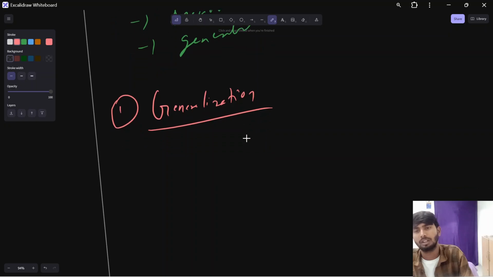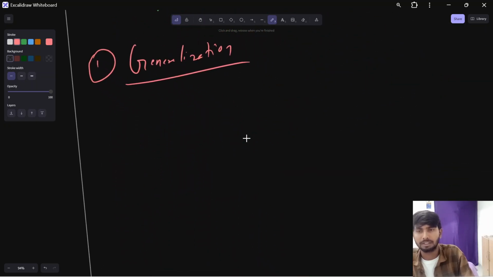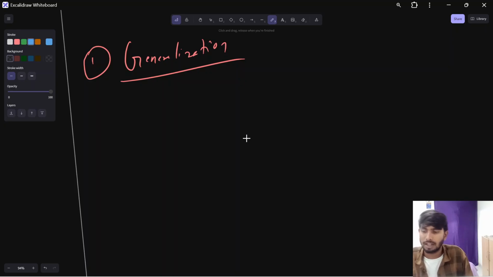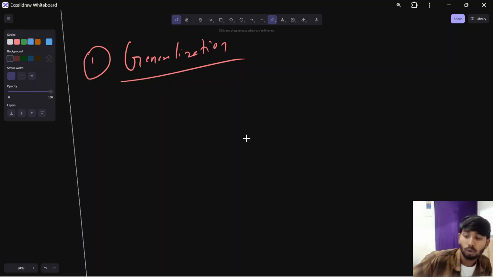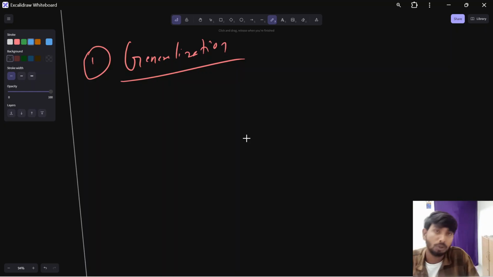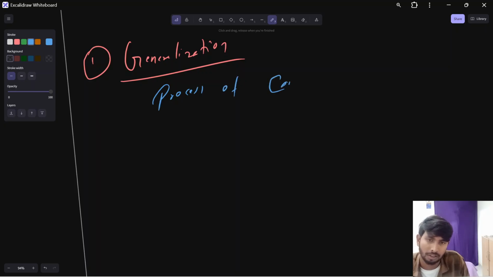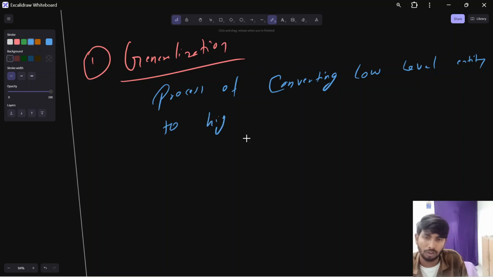Generalization is the process of converting a low-level entity into a high-level entity.